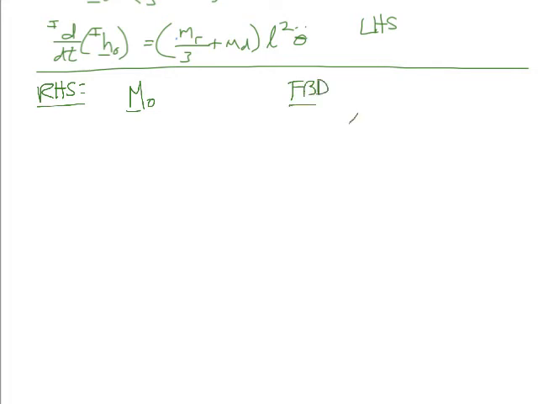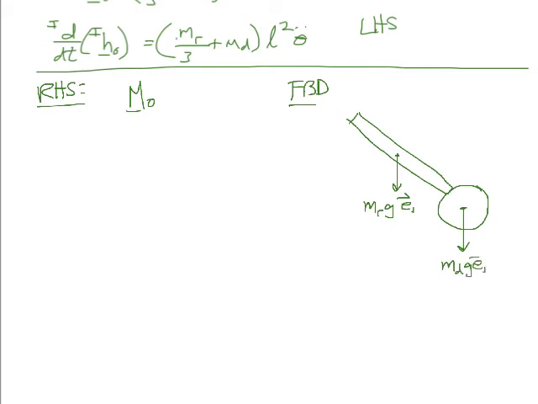And on the free body diagram, we'll include both our rod and our disk. Each of these has a force due to gravity, so this is the mass of the rod, g, in the E1 direction. And then there's a force due to gravity on the disk, so this is m_d g, also in the E1 direction.